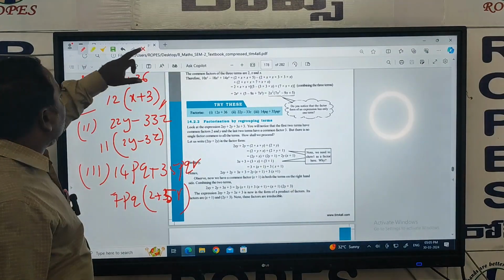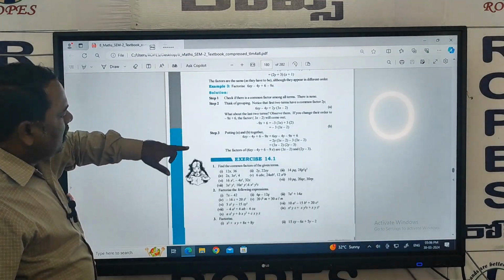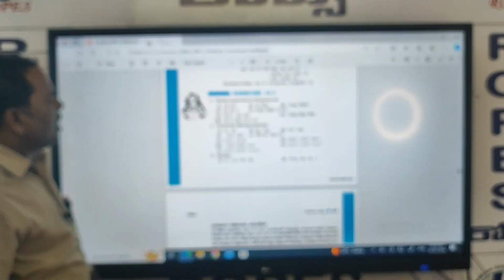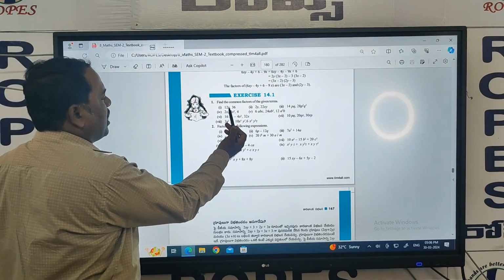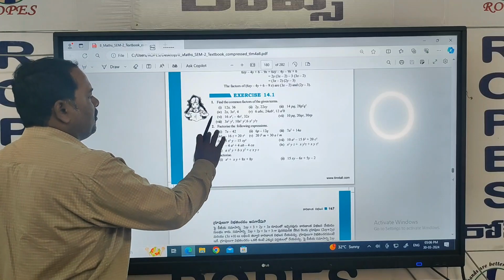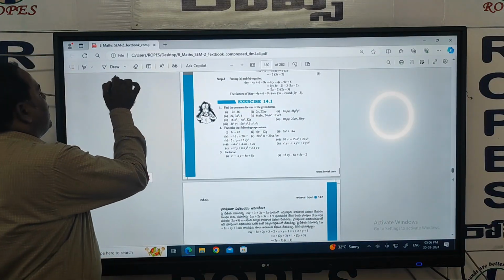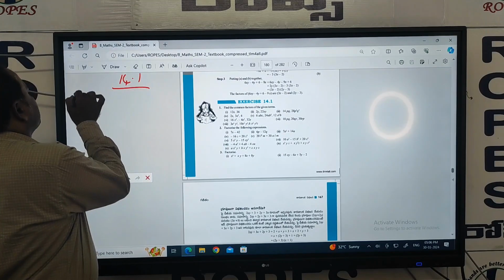Okay, now if we go to another one, see in the exercise 14.1, the first one is: find the common factors of the given terms. We should write the common factors.